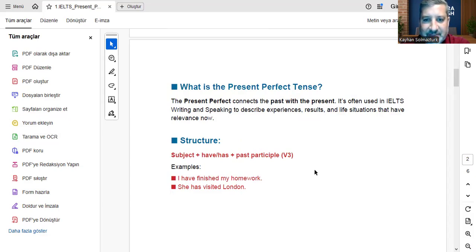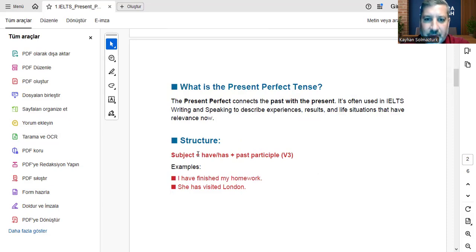First of all, we have to know the structure of the tense, and the second one is in what kind of situations we can use that specific tense.